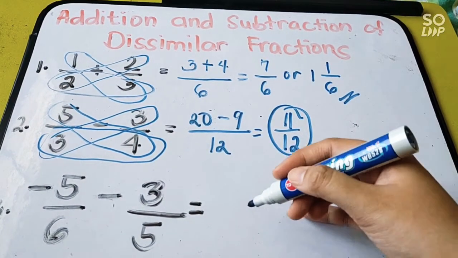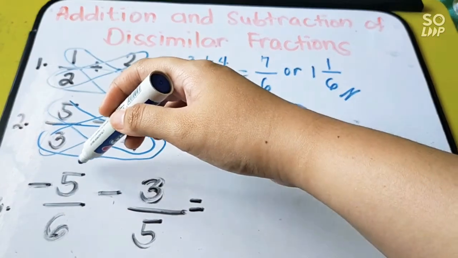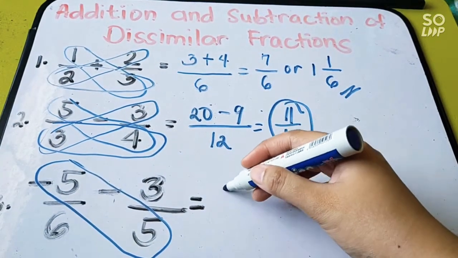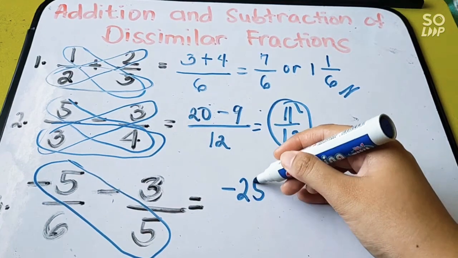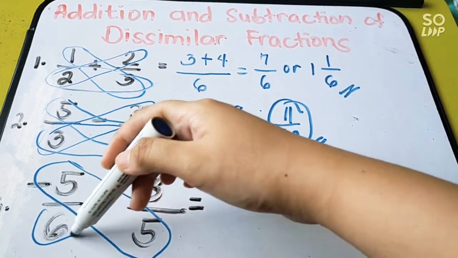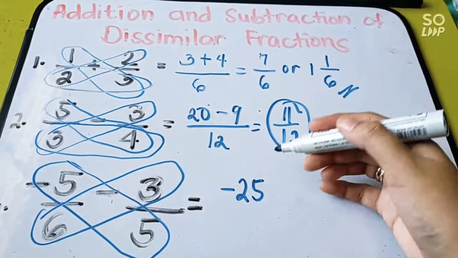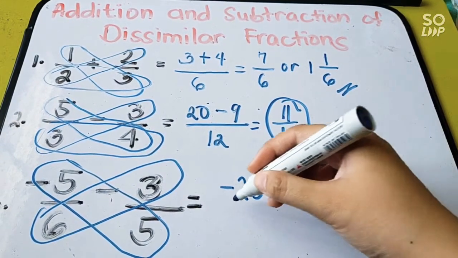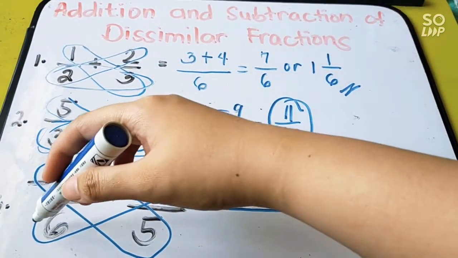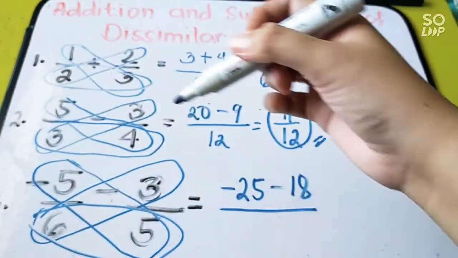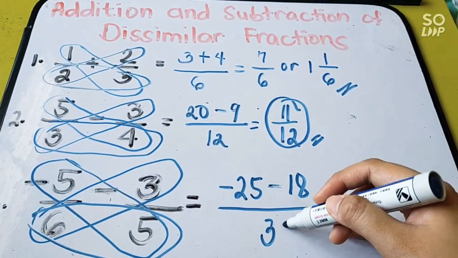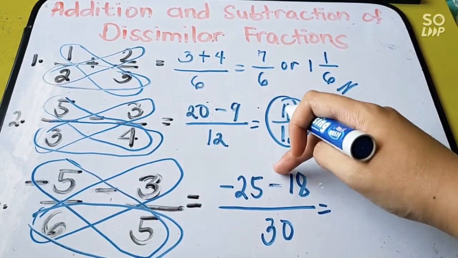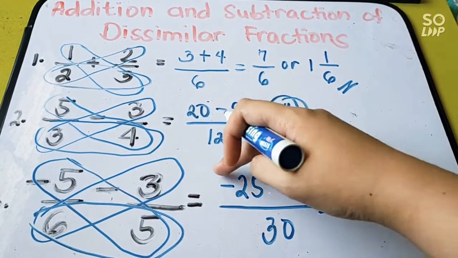Let's have another example. Butterfly method. Negative 5 times 5. The answer is negative 25. Next, 6 times negative 3. The answer is minus 18. Then, over 6 times 5. The answer is 30. Then combine. Since they have the same sign, you are going to add, then copy the sign.